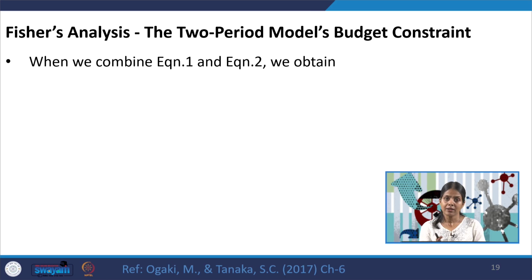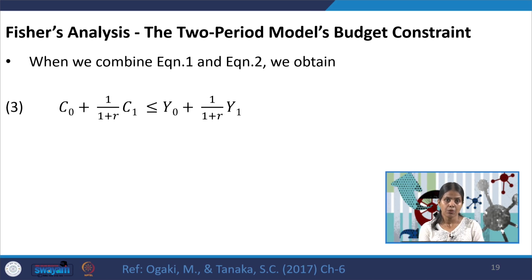When we combine equation 1 and equation 2, we obtain that c0, the consumption in the current period, plus c1 divided by (1 plus r), the consumption in period 1, must be less than or equal to income in period 0 plus 1 upon 1 plus r times y1, that is income in period 1.